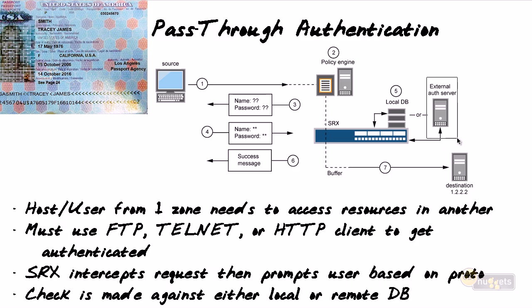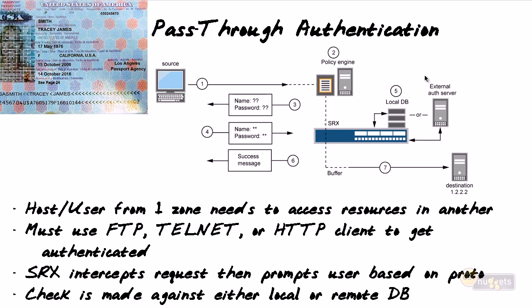Now, the advantages of using an external authentication server are really huge, and it's beyond the scope of this particular course. But remember, if this particular user or device wanted to authenticate against a bunch of different devices or pass through multiple different areas of a campus, for example, then having all these separate local databases is kind of cumbersome and hard to manage.